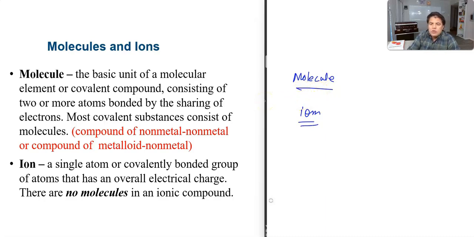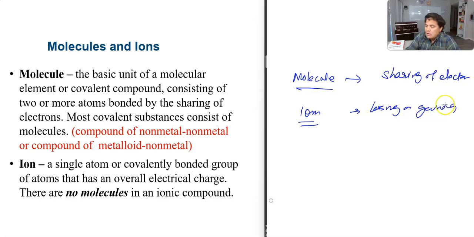A molecule is the basic unit of a molecular element or covalent compound consisting of two or more atoms bonded by the sharing of electrons. Ions are those made by the donation, losing or gaining of electrons. Those made by losing or gaining electrons are ions, and those made by sharing electrons are molecules.